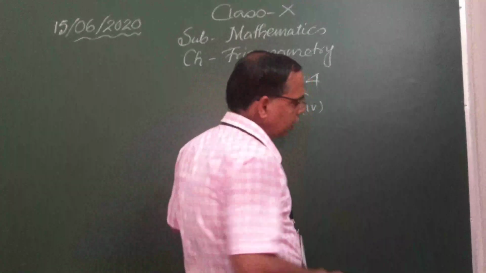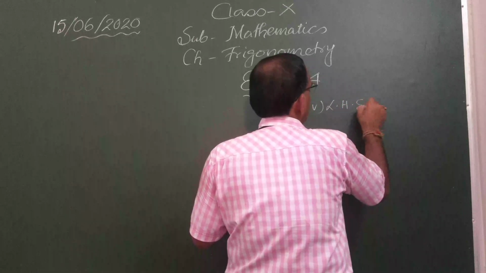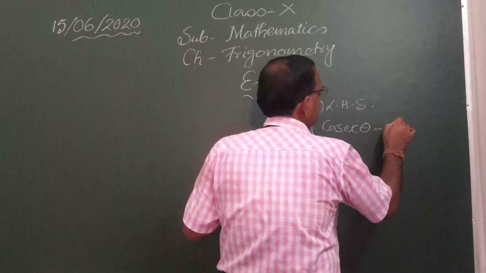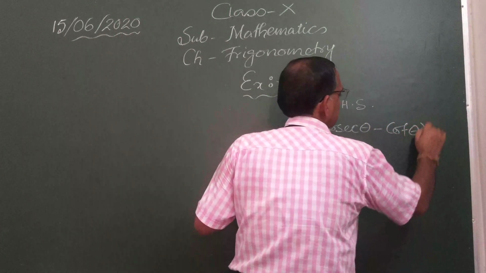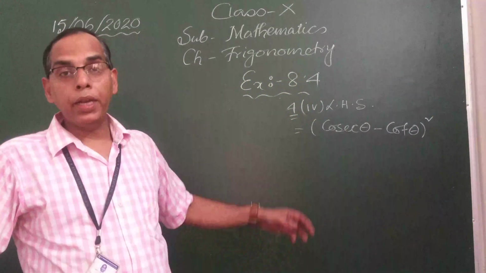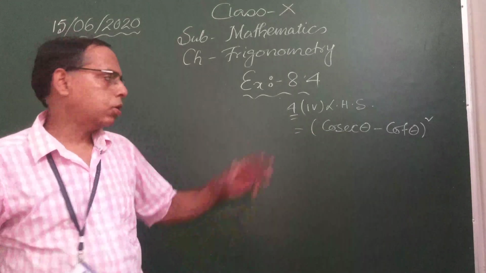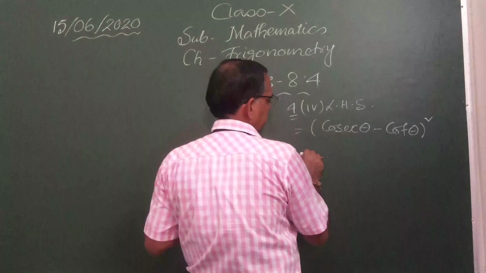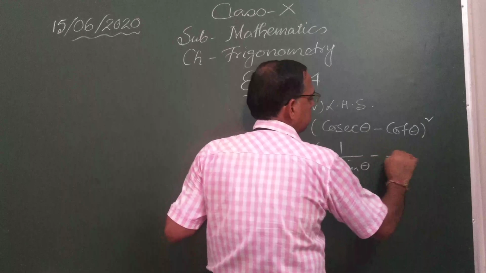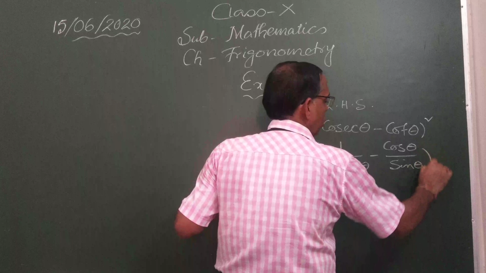So, cosec theta minus cot theta whole square. LHS equals cosec theta minus cot theta whole square. Now what is the rule? If it is other than tan and cot together, you have to convert in the ratio of sine and cos. So 1 by sine theta minus cos theta by sine theta, whole square.